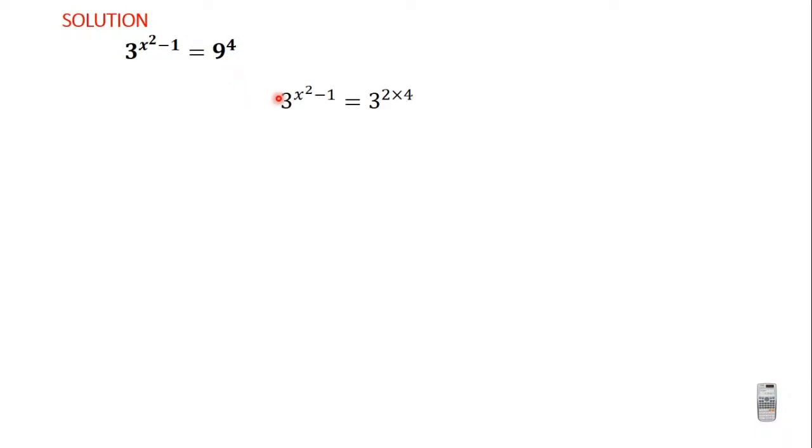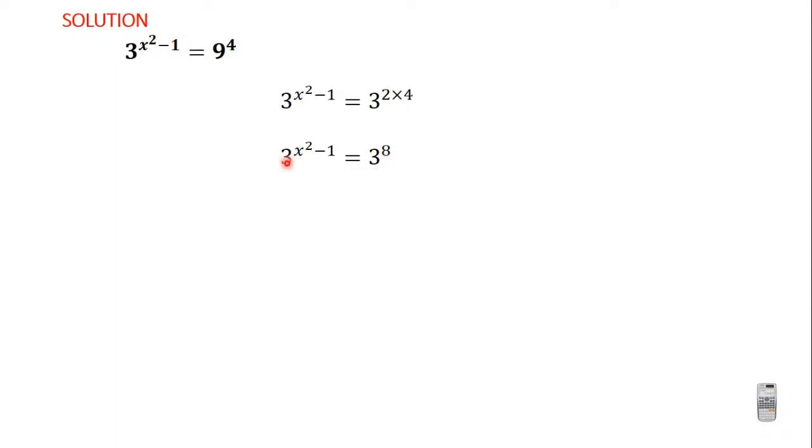So we have 3 exponent x squared minus 1 is equal to 9, which is 3 exponent 2, raised to the power 4. So 3 exponent 2 times 4 will give us 3 exponent x squared minus 1 is equal to 3 exponent 8, because 2 times 4 is 8.